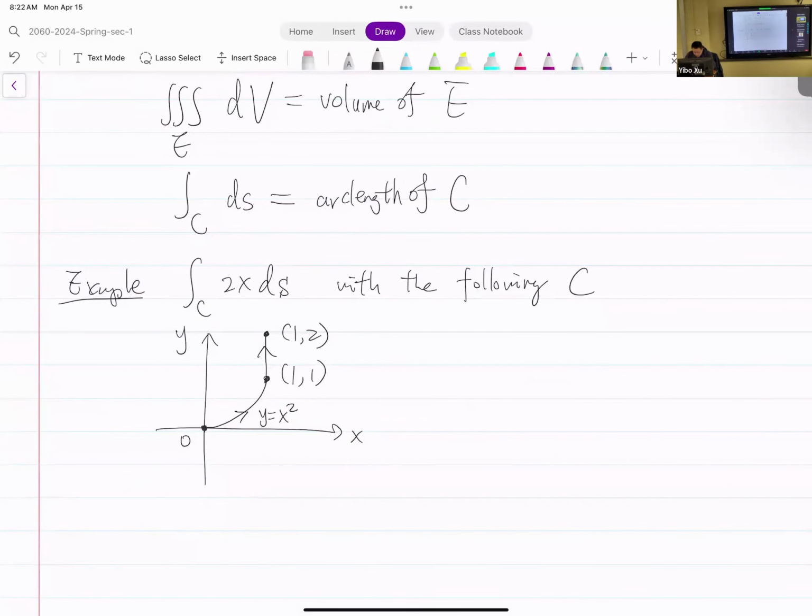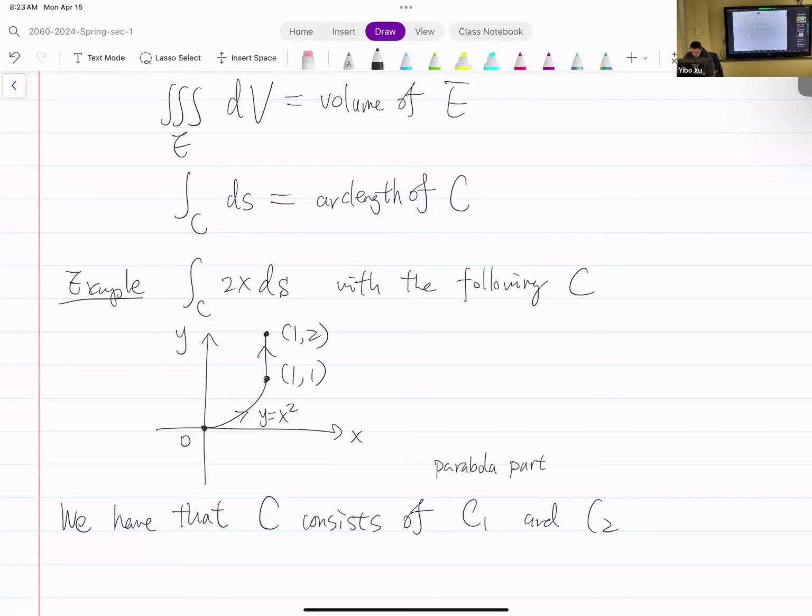So here we see that we need to separate the line integral into two pieces. According to the figure, C consists of two pieces, C1 and C2. C1 is the parabola part, and C2 is the vertical line part.